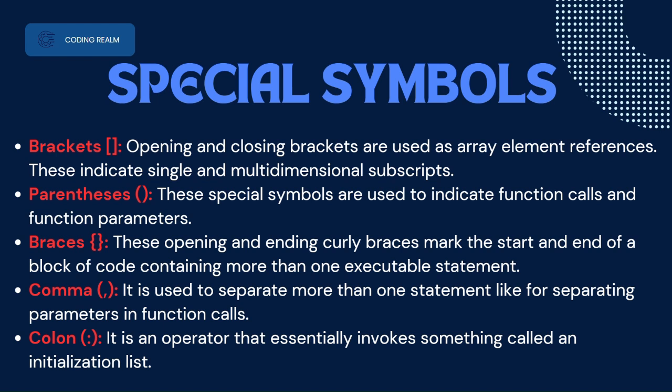Braces: these opening and closing curly braces mark the start and the end of a block of code containing more than one executable statement. The comma is used to separate more than one statement, like separating parameters in function calls. The colon is an operator that essentially invokes something called an initialization list.